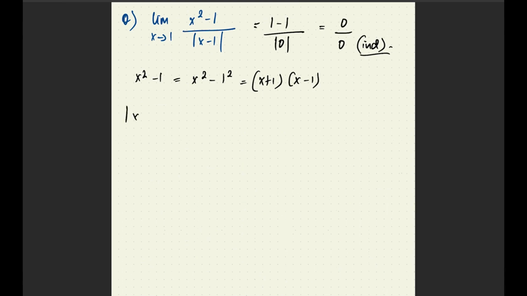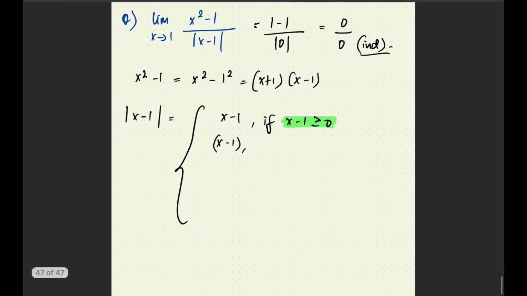So the absolute value of x minus 1 is going to be x minus 1 if x minus 1 is greater than or equal to 0. So I can now simplify this inequality, and I can say that the absolute value of x minus 1 is equal to x minus 1 if x is greater than or equal to 1.